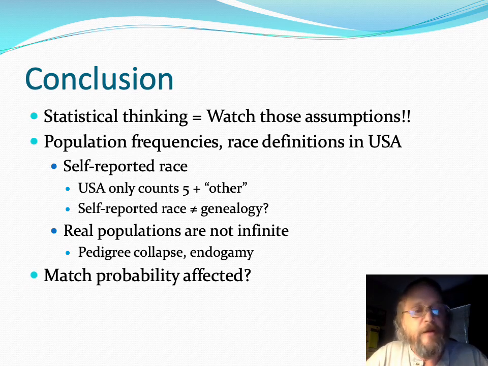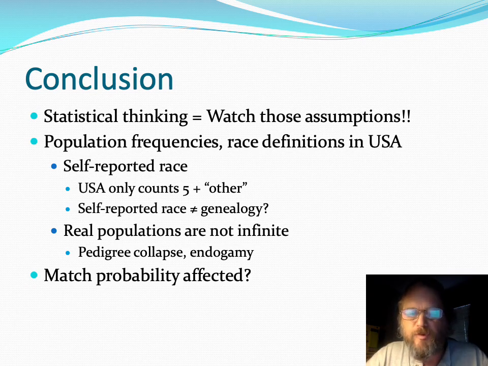I'm not going to get into this, but obviously, your book's pulling frequencies for different races, right? So you should appreciate in the United States, we've got a race definition problem. Part of it is, and I don't know how else you would do it, but you ask people, what race do you belong to? But like in the census, we only count 5 race types, and then we have a grab-all bag that says other.